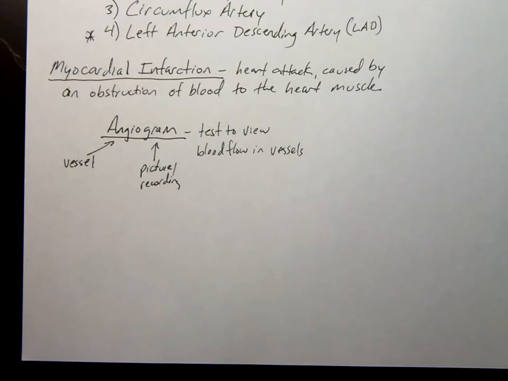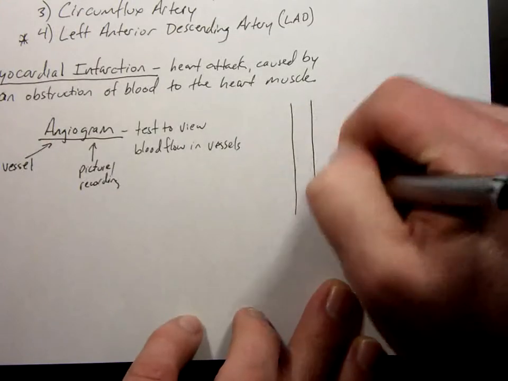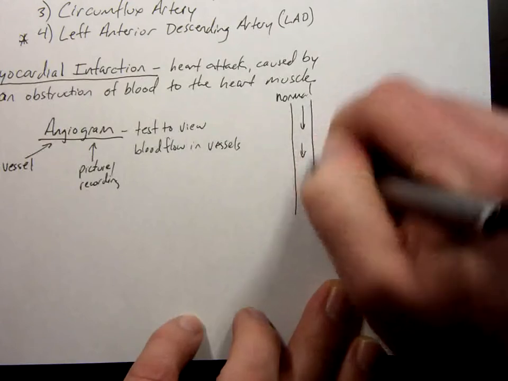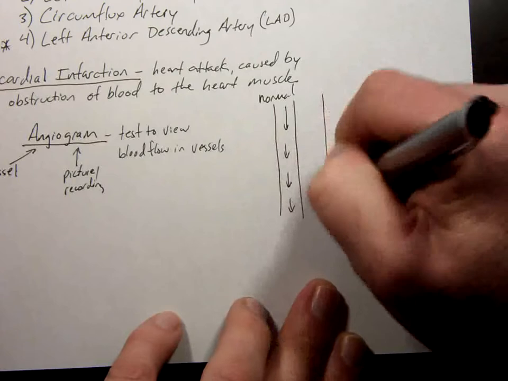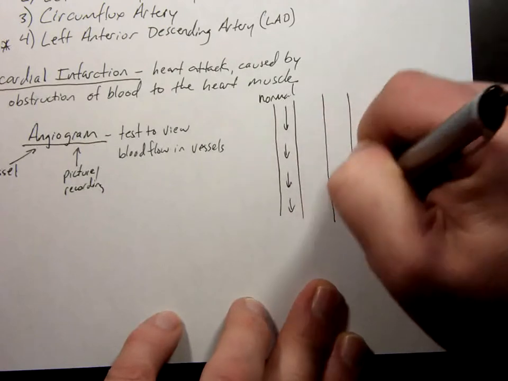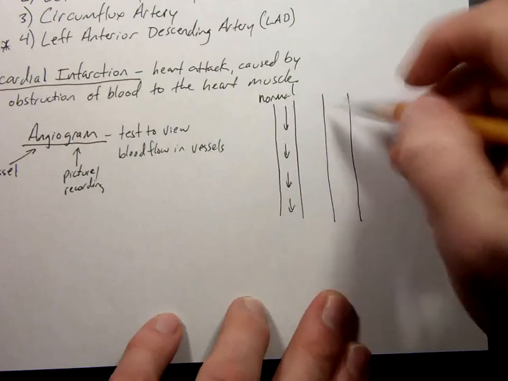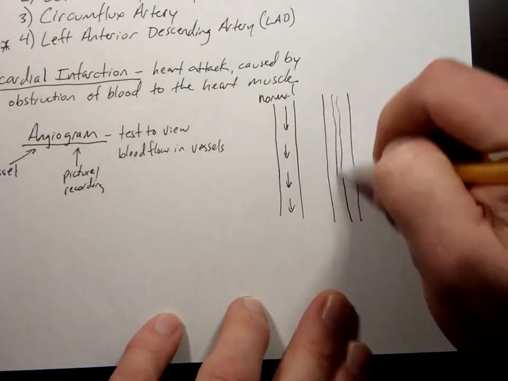Ideally, here's a couple blood vessels here. Here's normal. Blood's just cruising through, having a good time, you know. But then you get another blood vessel here, and over time, there's a couple things working against it. One of those is these plaques that build up on the inside of the vessel.